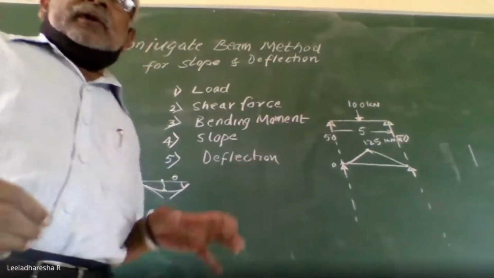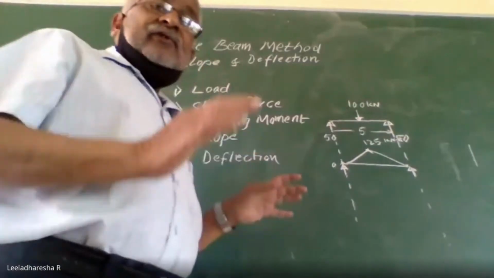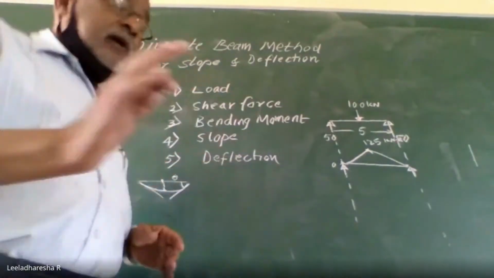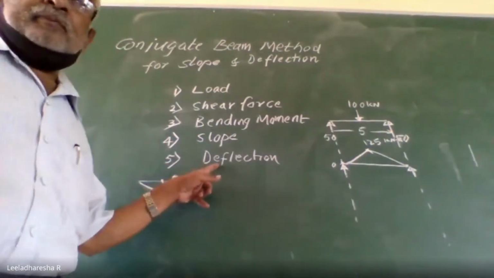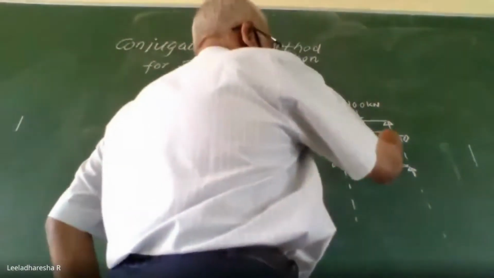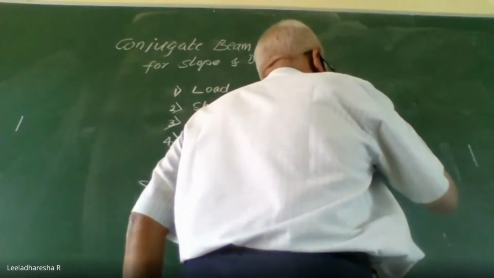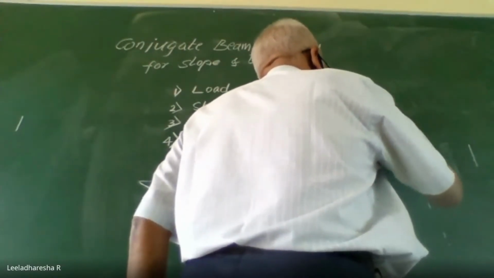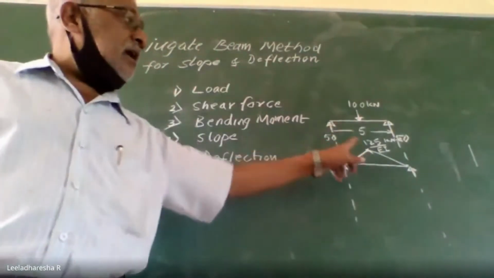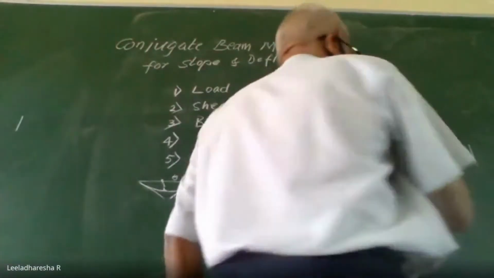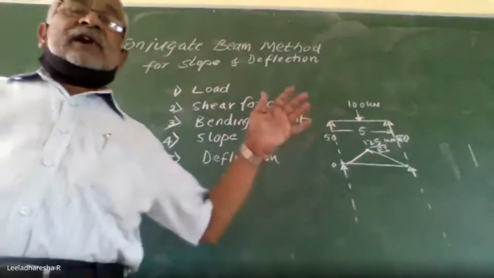See now, in case of the conjugate beam method, our object is to determine slope and deflection. So I treat this as load. I divide this by EI, right? 125 by EI. This is loaded with elastic load.